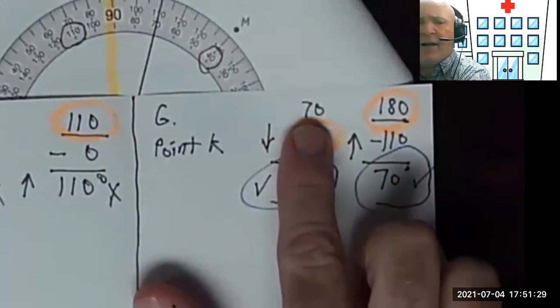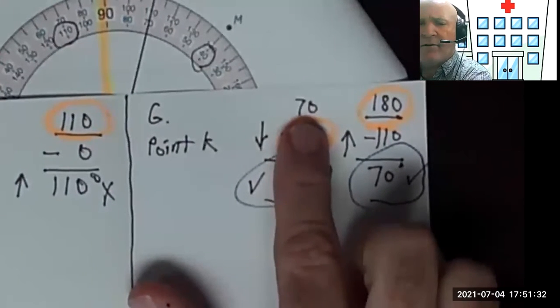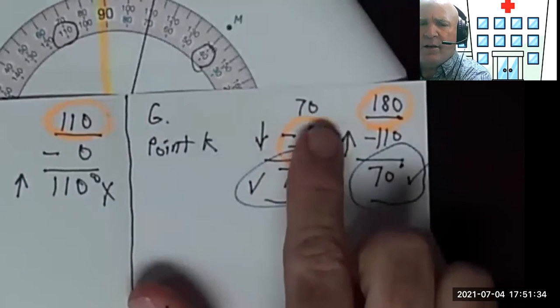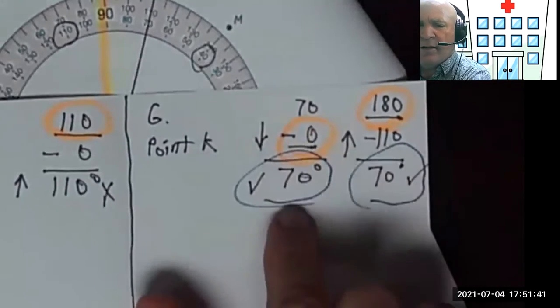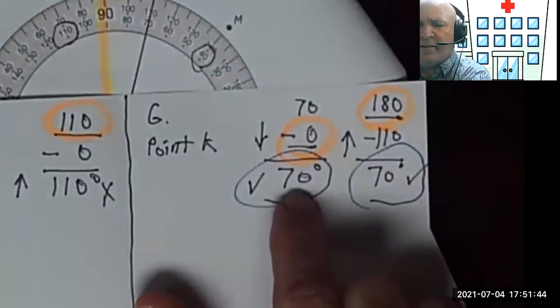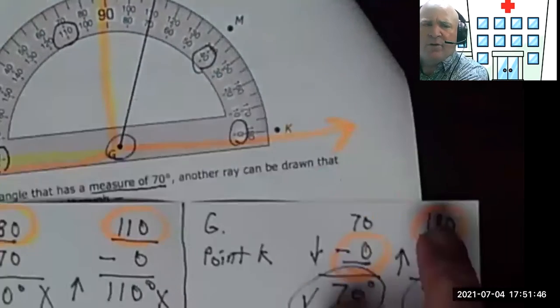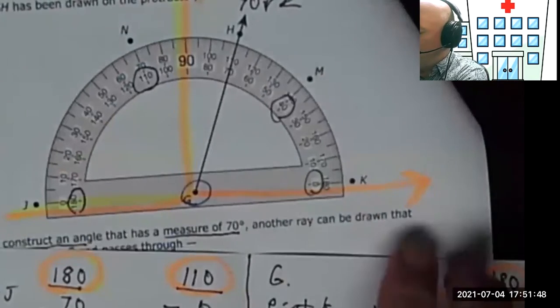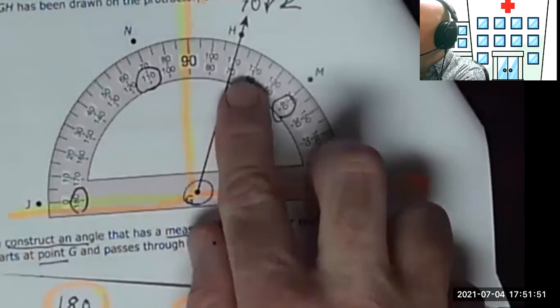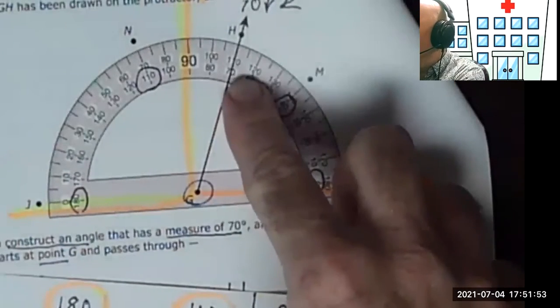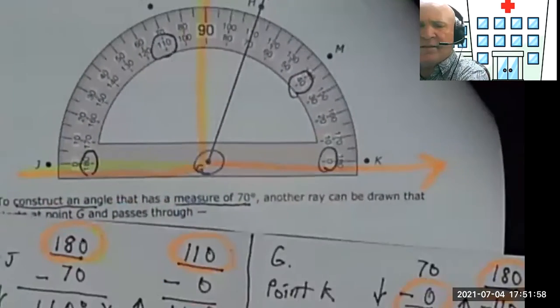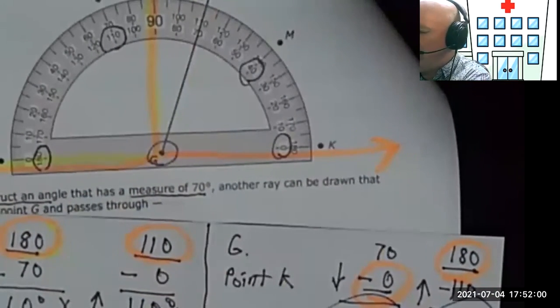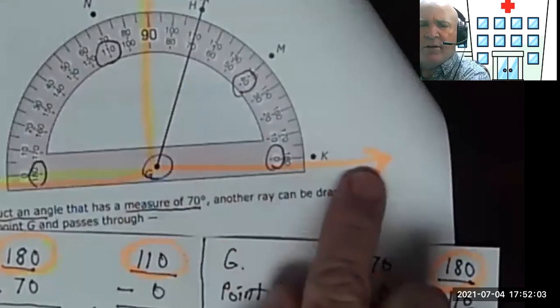Our letter H that we're using as our reference point, 70, minus where point K passes through, creates a measure of 70 degrees. So if you see that right there, 70 minus 0, because that's where K is. So that is a measurement of 70 degrees right there.